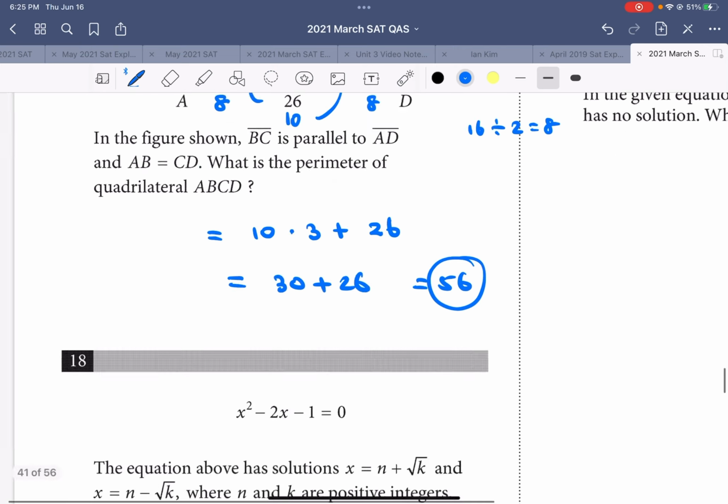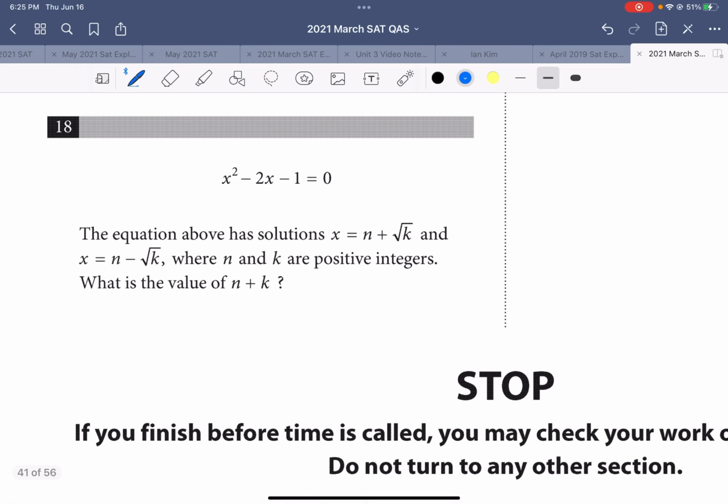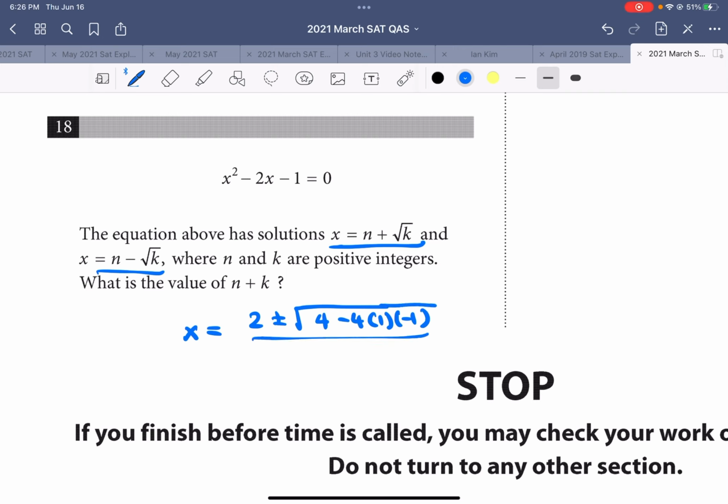Now number 18. x squared minus 2x minus 1, the equation above, the solution. So this one, clearly you've got to use the quadratic formula. x equals negative b, so 2, plus or minus the square root of b squared, 4, minus 4ac, 4 times 1 times negative 1, all over 2a, so 2. So 2 plus or minus root 8. Root 8 is 2 root 2.